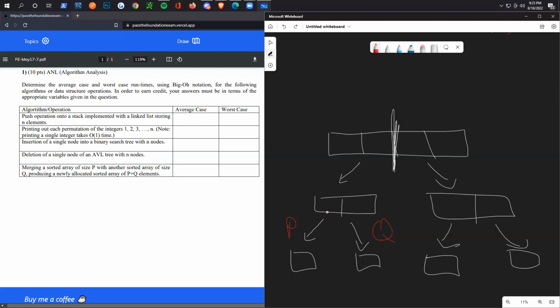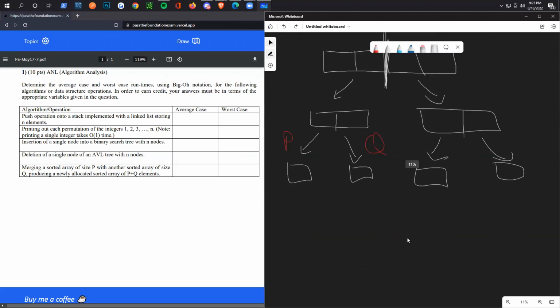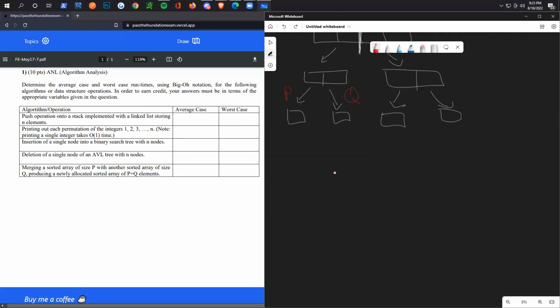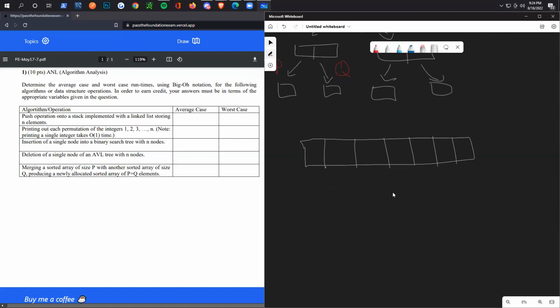Of course, right here, we know they're always going to be the same when it's a perfect power of 2. But let's say you didn't have a perfect power of 2. Say you had something a little different, let's just do 7.